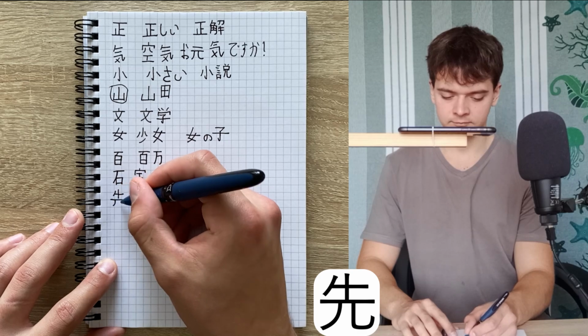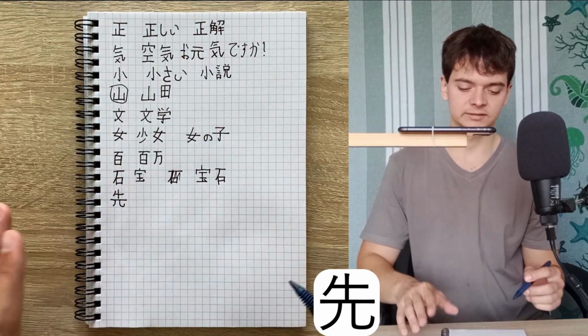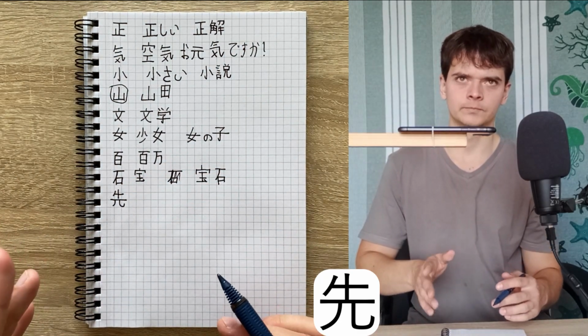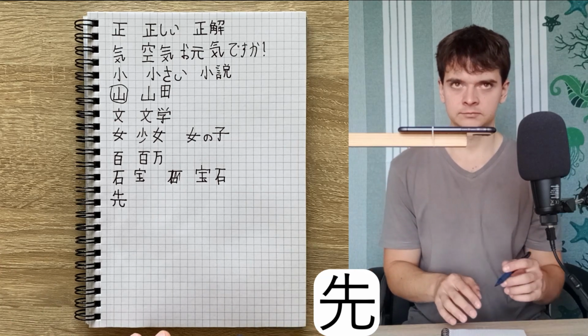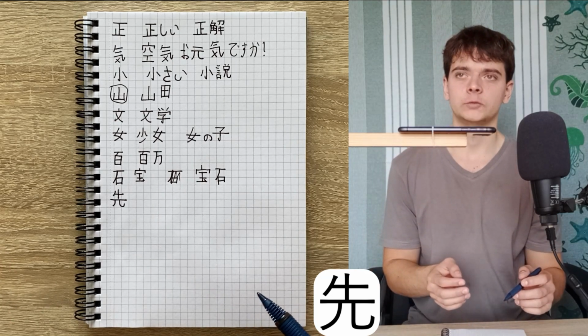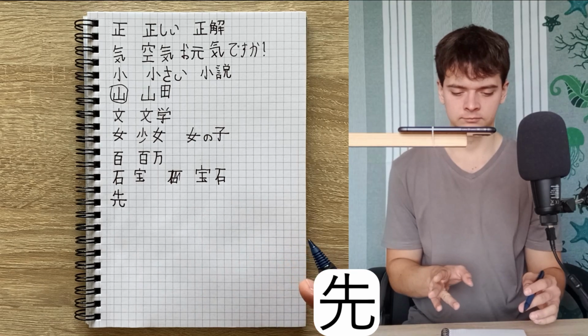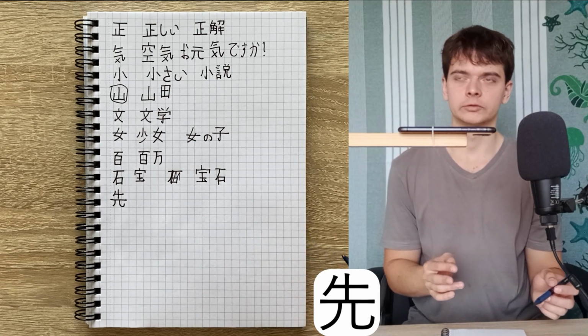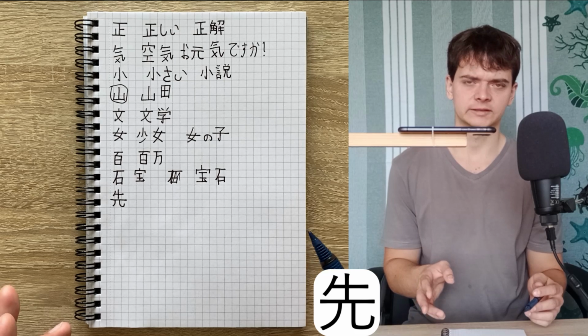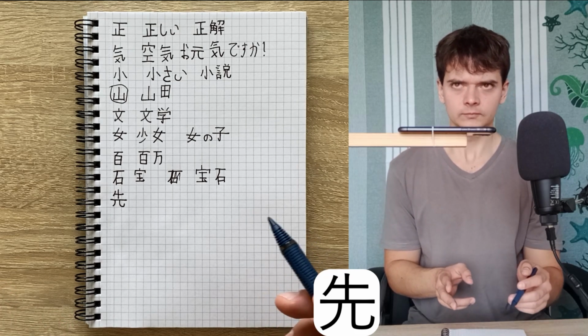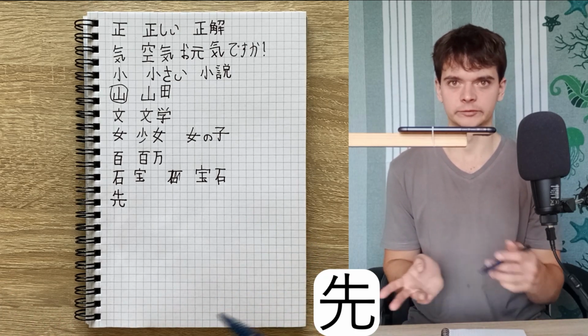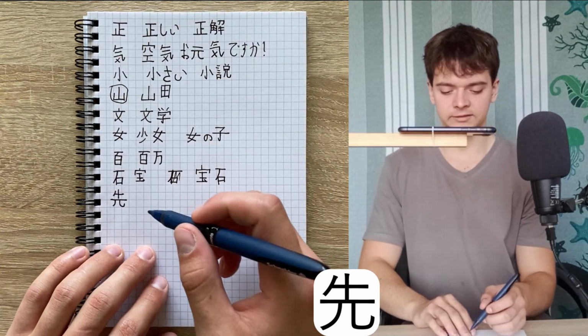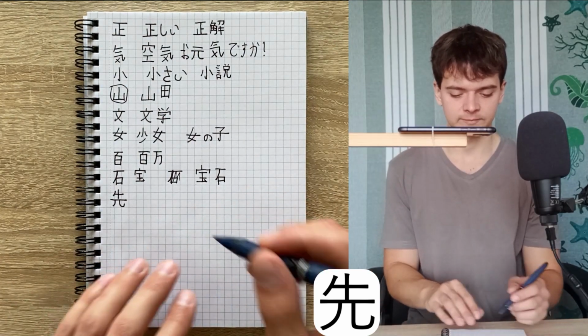Saki. Saki means before, or what happened before. So you can use it alone as well. Like if you're talking about some sentence, you can say saki no bun, the sentence that you said before, but it's usually used with other kanji.